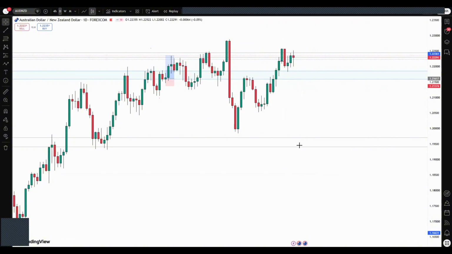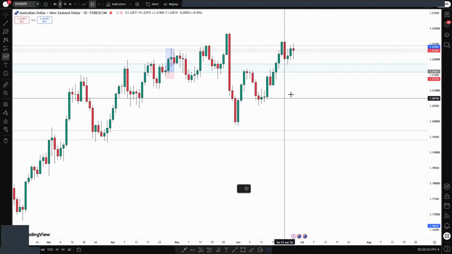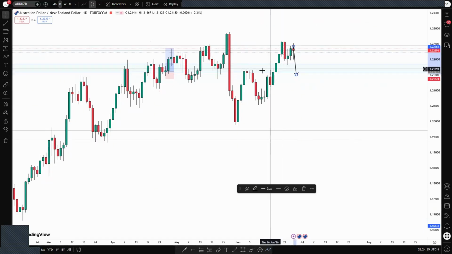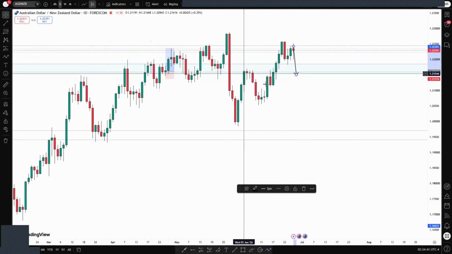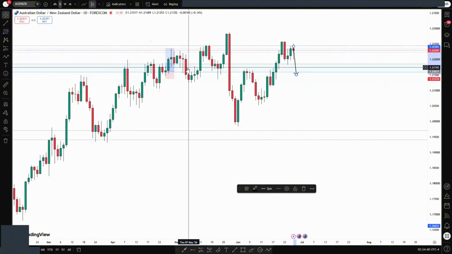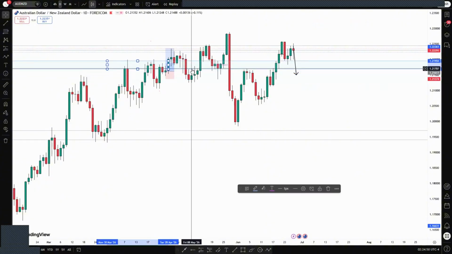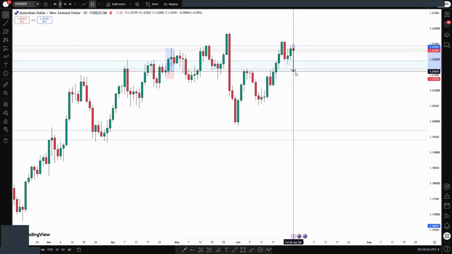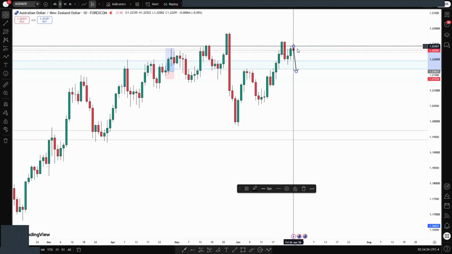Okay, we just need price to break below this level. That's all. That's the only thing we need. And if you want to make even this interesting, you can even push this up here and just say we just need price to break below this level, that's all.